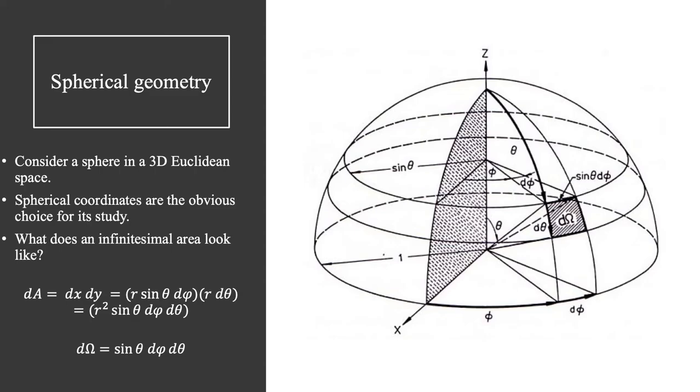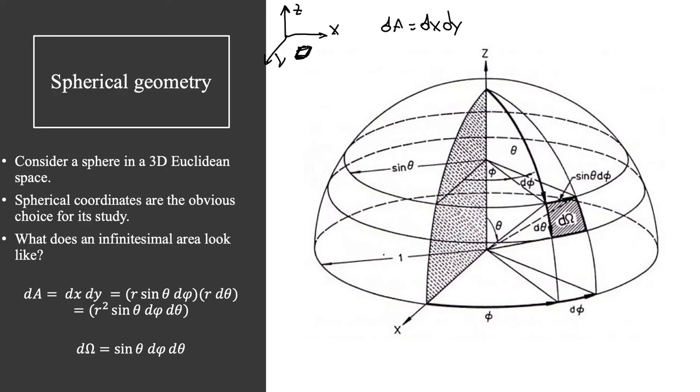When you are dealing with some kind of generic problem, usually it's a safe assumption to use Cartesian coordinates, x, y, and z. An area in this coordinate system can be written as dA equal to dx times dy, right?